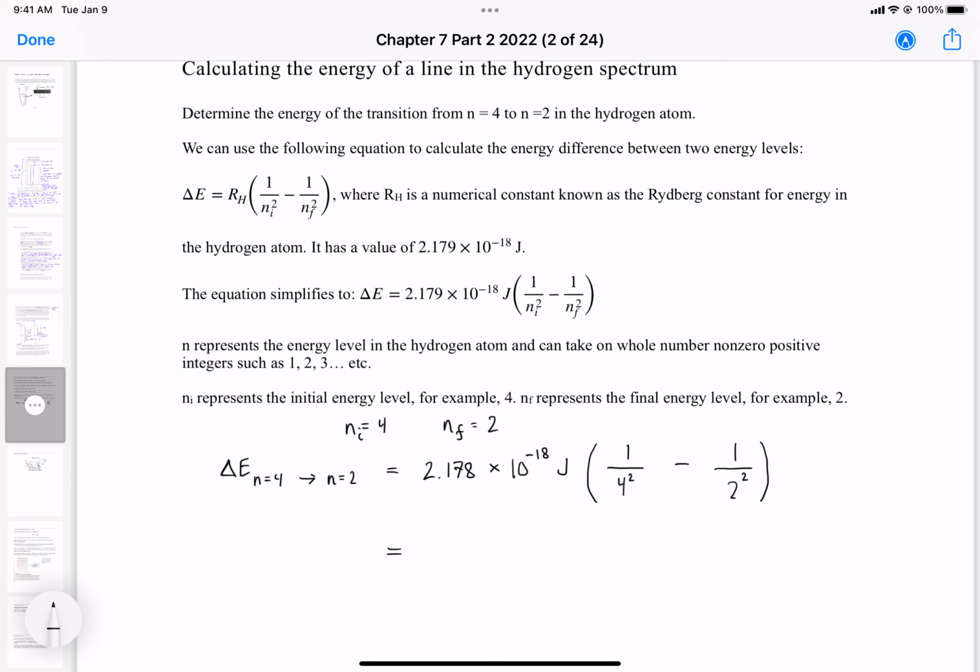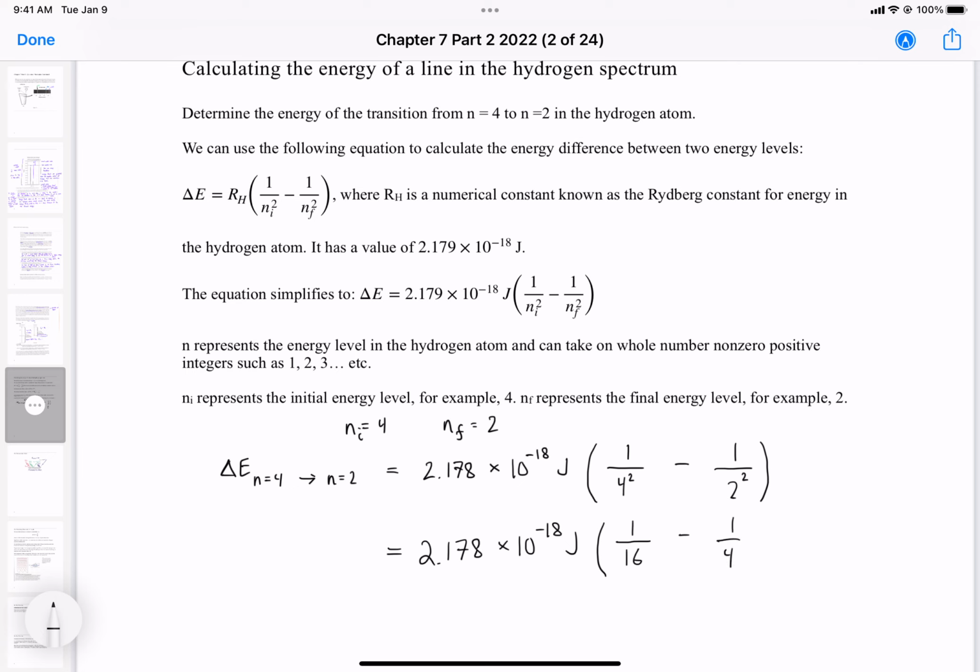So I will write this as 2.178 times 10 to the negative 18 joules, times 1 over 16 minus 1 over 4.